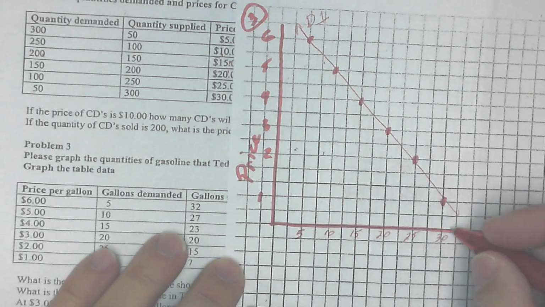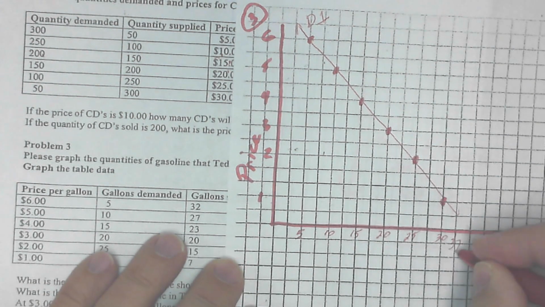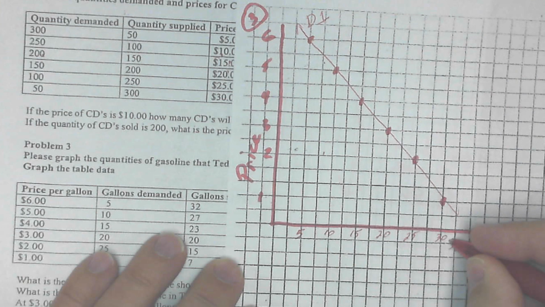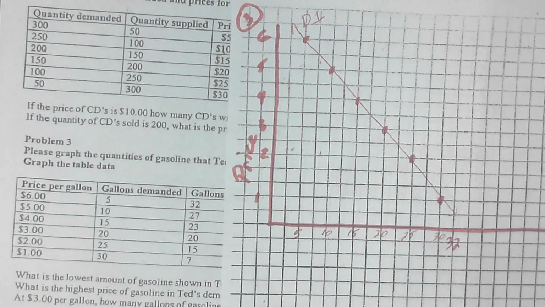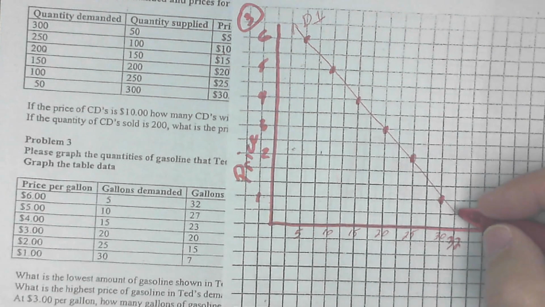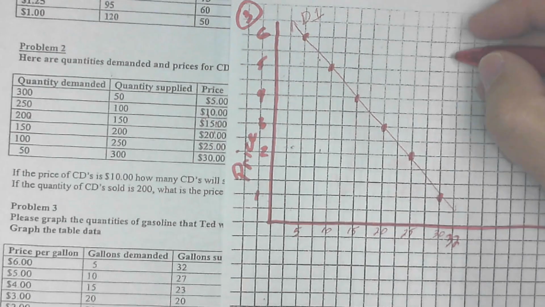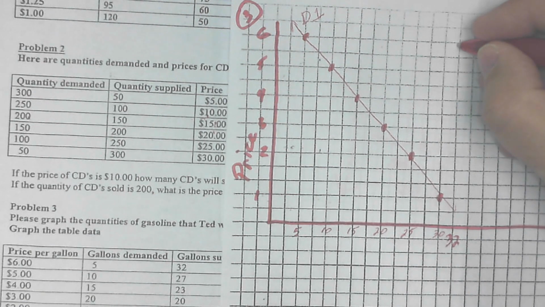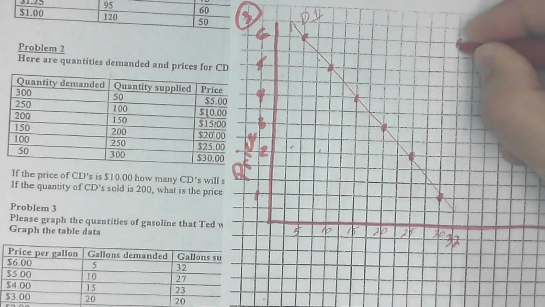So no, there's no 32 on here yet, so we'll draw a spot for 32. Doesn't have to be exact. So it's not going to be to scale. So I'll draw 32. That's 6.